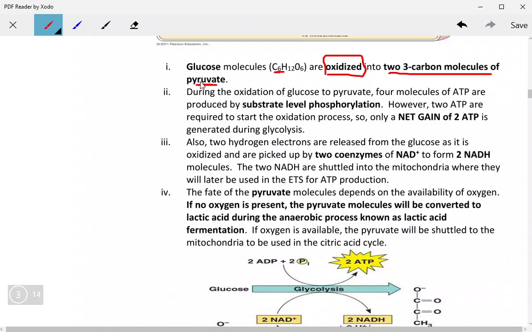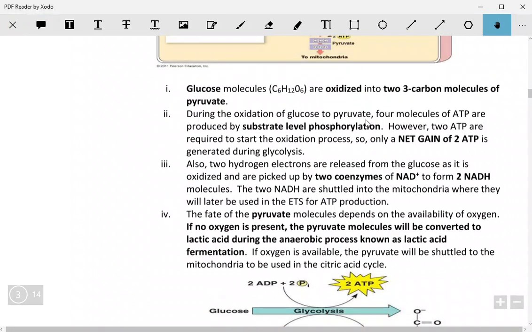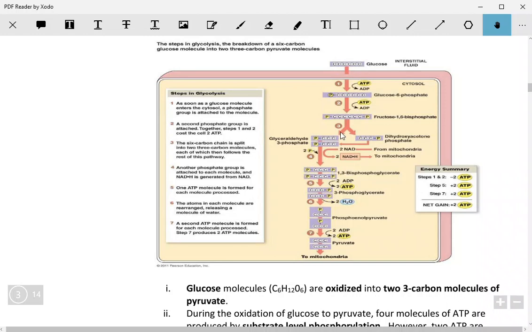Don't forget that. Okay? And there are additional steps involved in glycolysis. You don't have to know all the details. So pay attention to the main things that I point out to you here. Because you can see right here that there are multiple steps involved. Look, this is the glycolysis pathway.